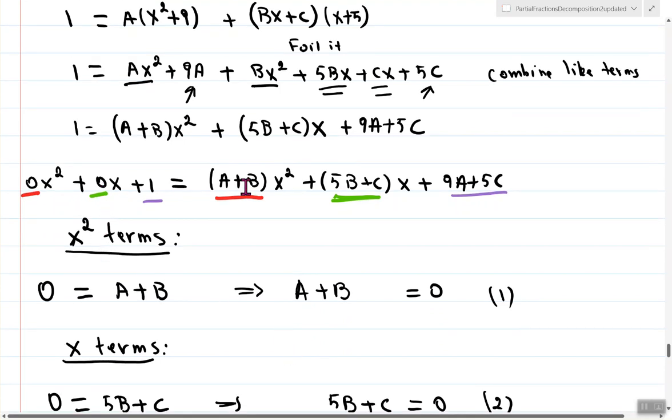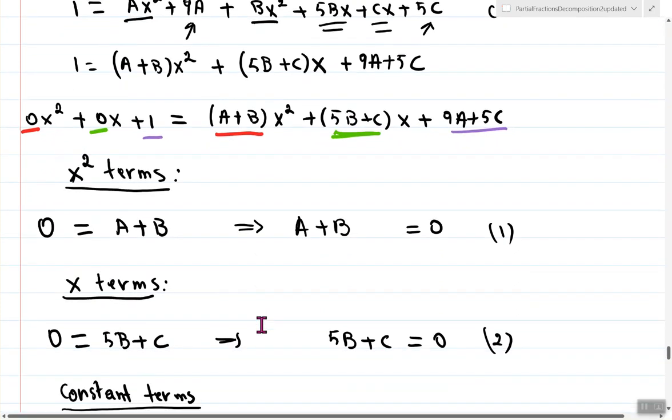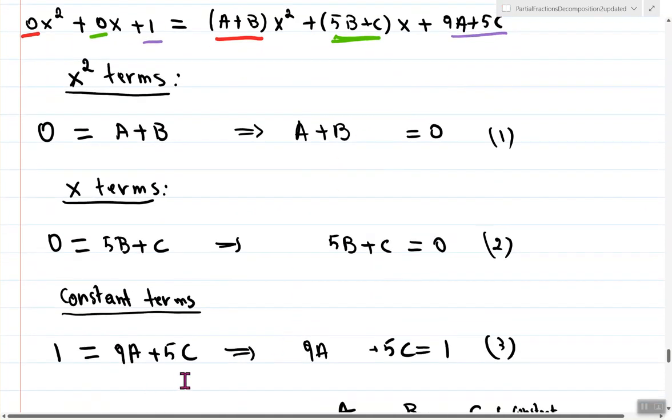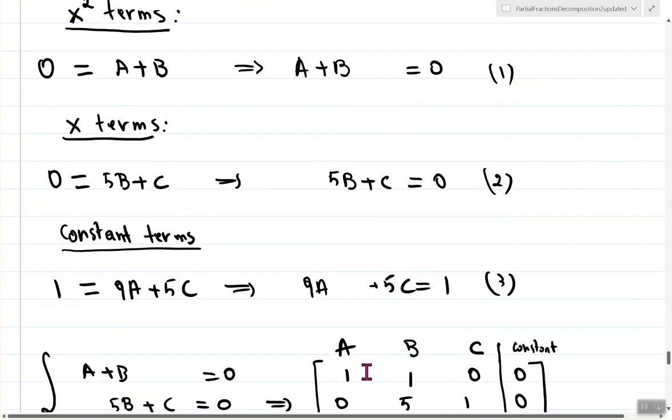And then we go to the x term. We set 0 equals 5b plus c. We can rewrite it as 5b plus c equals 0. So that's equation 2. For the constant term, we will have 1 equals 9a plus 5c, and we can rewrite it as 9a plus 5c equals 1.